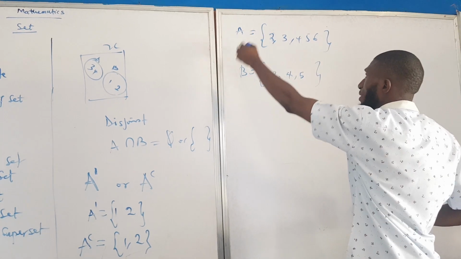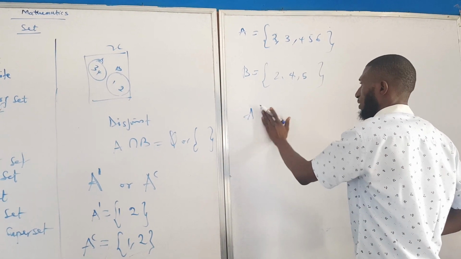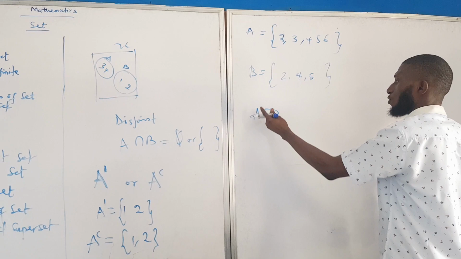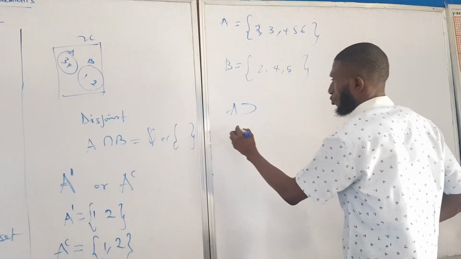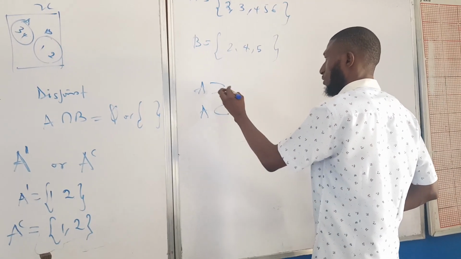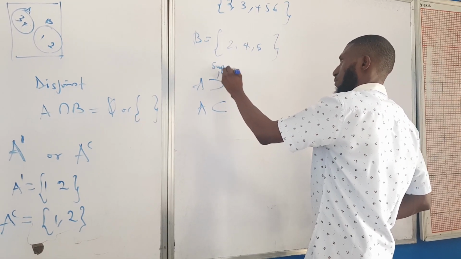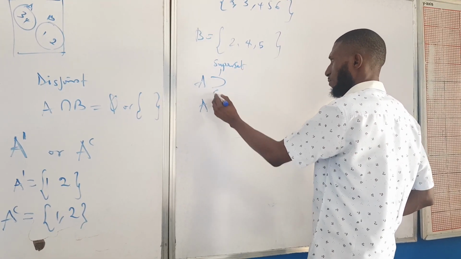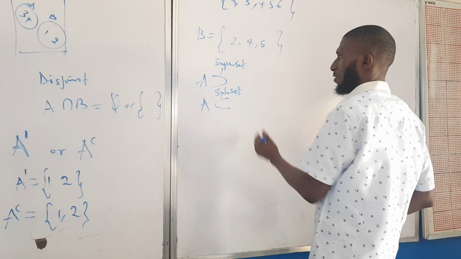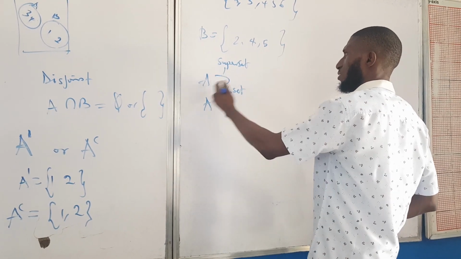Therefore, B is a subset and A is a superset. Superset and subset are divided like this. We have superset, subset. This way is a subset, this way is a superset.